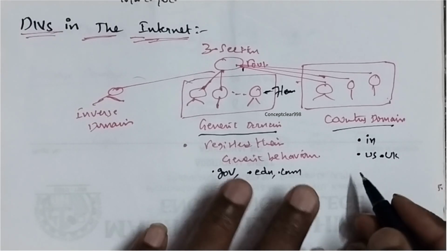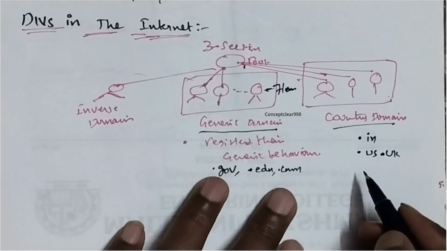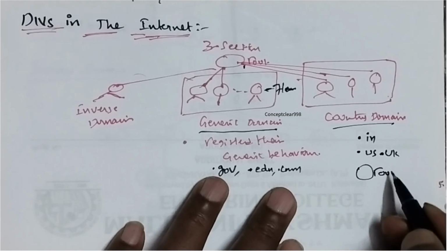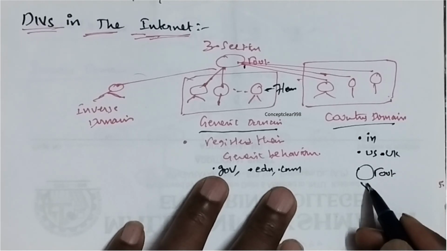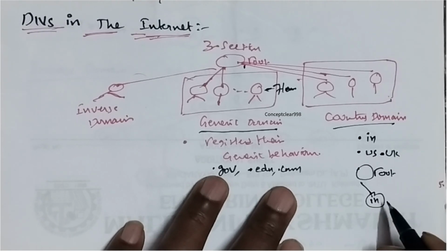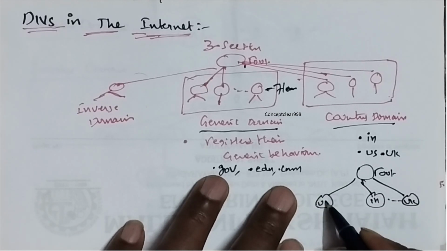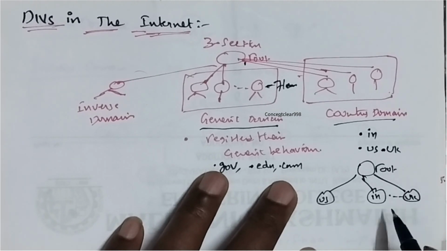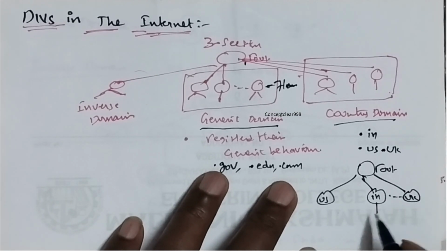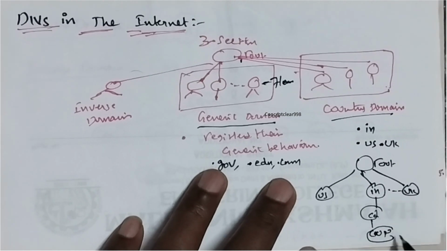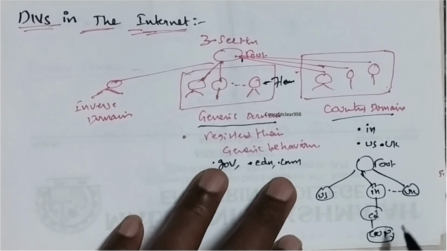Here is the example. It is the root node. From the root level onwards, it is .in, .uk, and .us. After that come sub-levels, for example CA and then CUP. How do we write it?